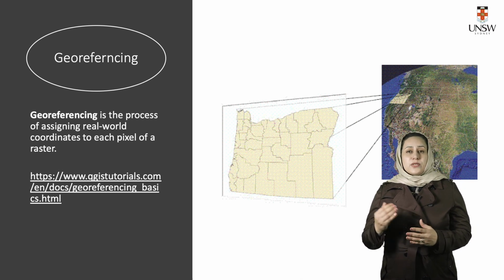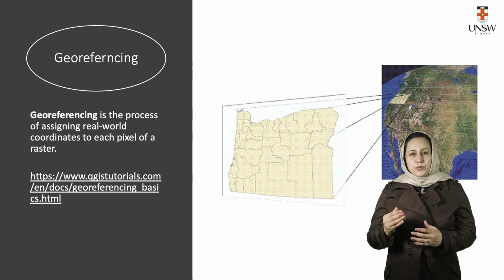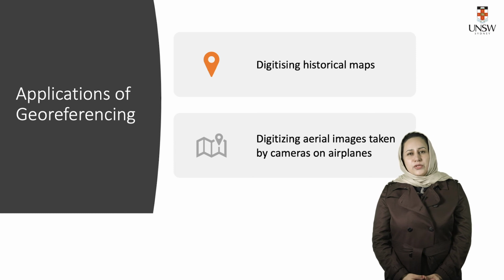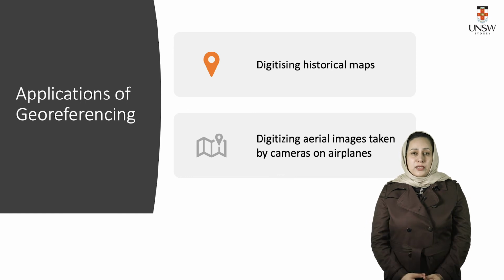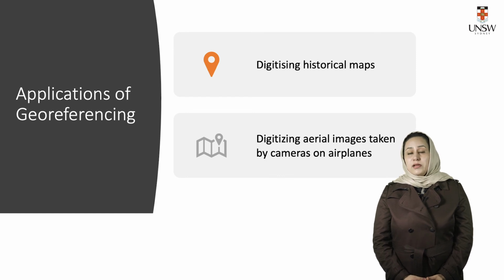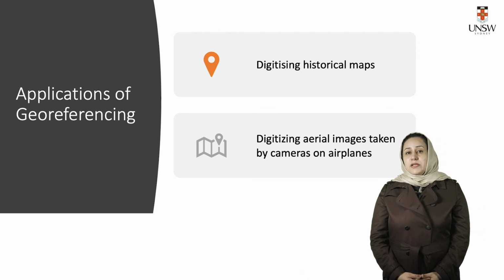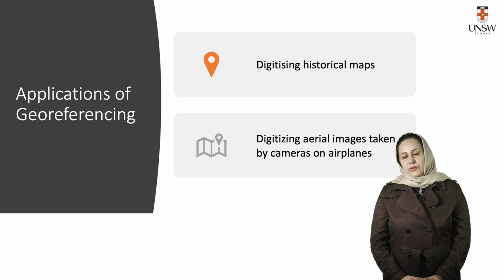Georeferencing is the process of assigning real world coordinates to each pixel of a raster. Why is georeferencing important? Because sometimes we want to make historical maps in GIS to be able to digitize or analyze them. We might want to digitize aerial images with no spatial reference. We will learn about georeferencing in our tutorials in this course.